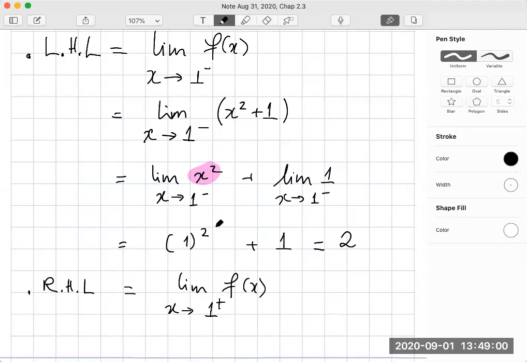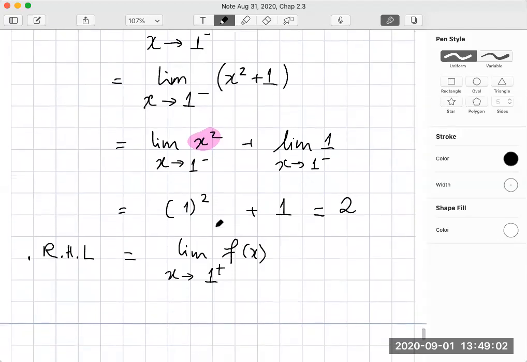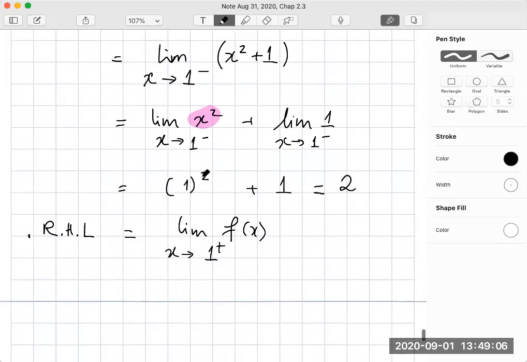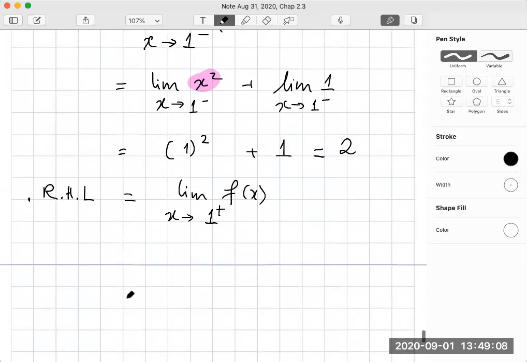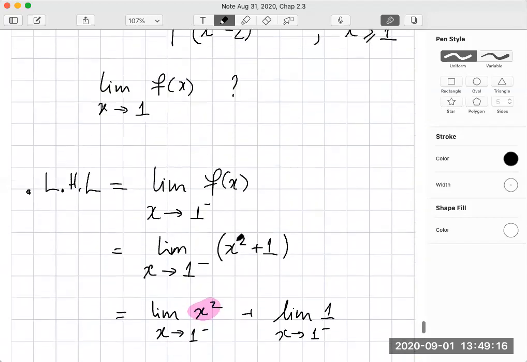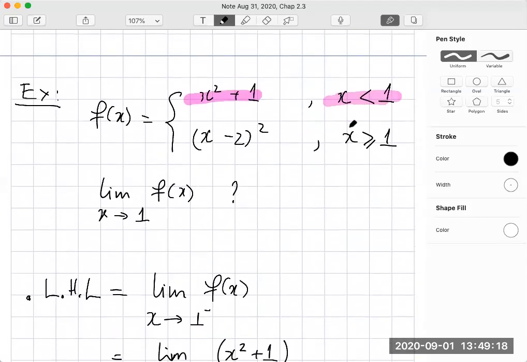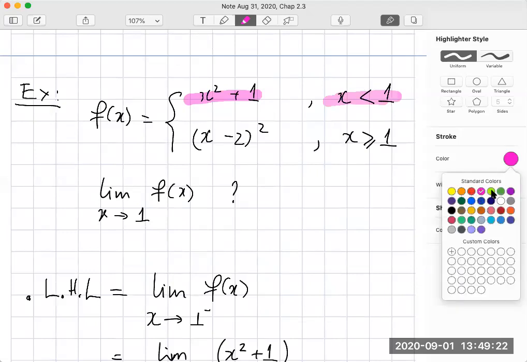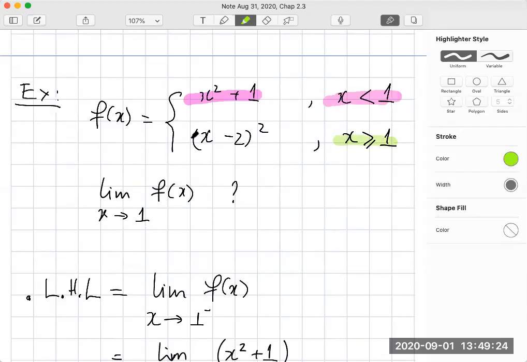Very good. Now it is the limit, okay? Because it approaches from the right side of 1, it means x is larger than 1. So we need to use the second range here, where it is x minus 2 squared.